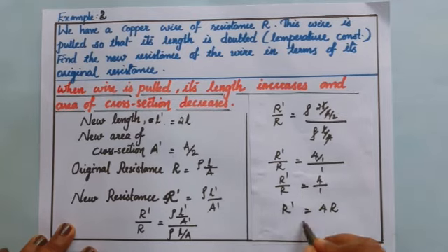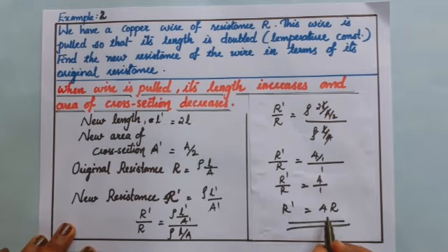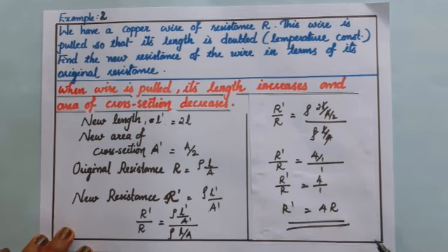So R dash is equal to 4R. From this we understand that the new resistance is 4 times the original resistance.